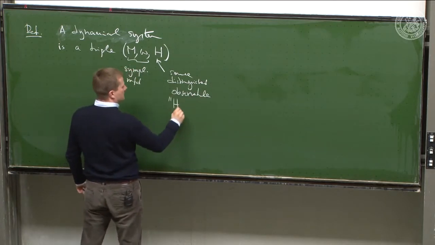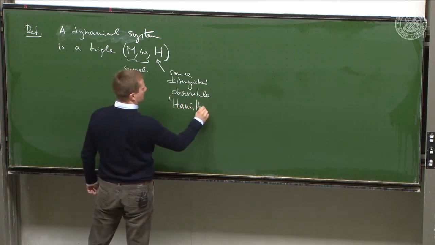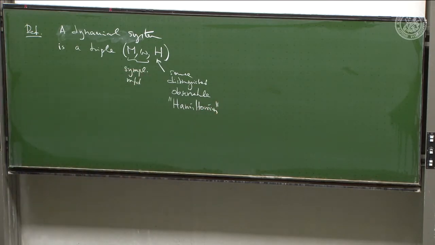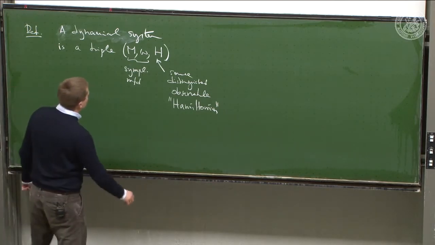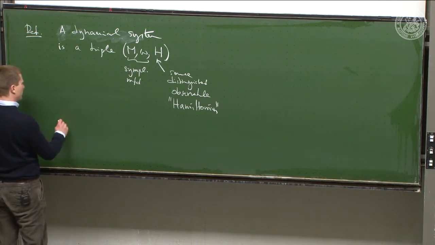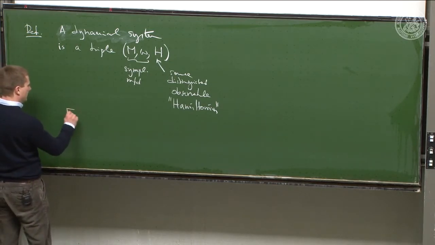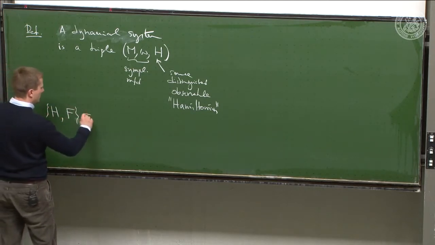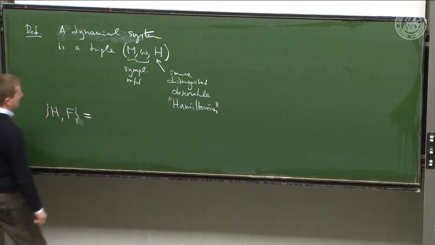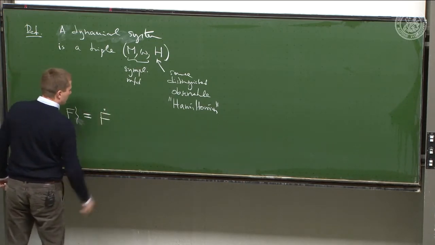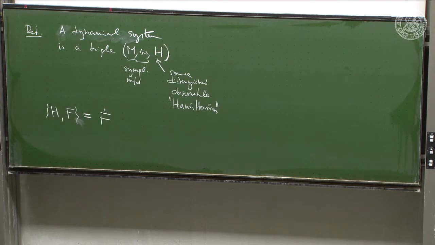And that is then called the Hamiltonian. Okay. And if you have that, you can define the change of any other observable, f, as the bracket with H. This then defines how the observable changes in time, so you can make the observables time dependent.